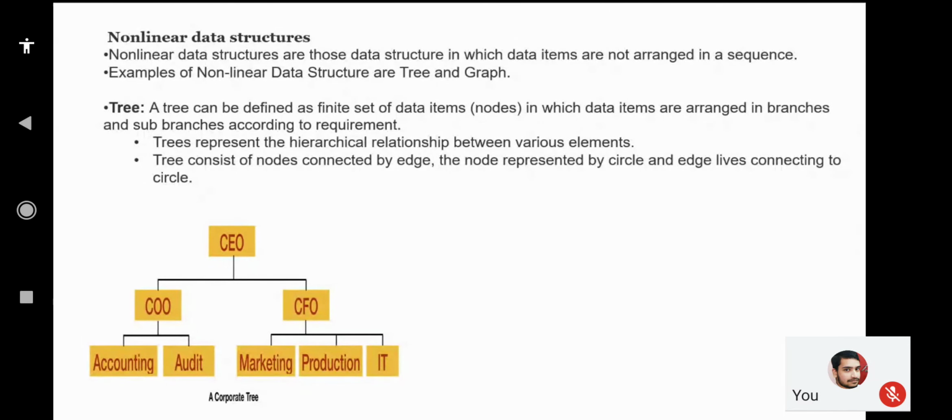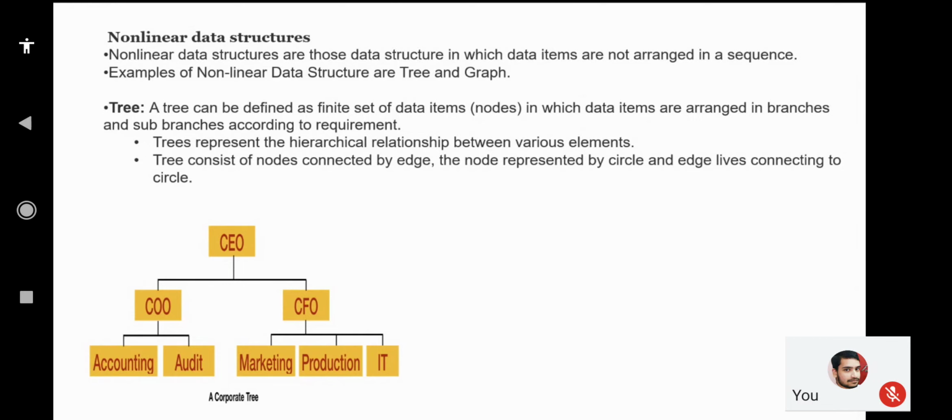Now the nodes which have no children are known as leaf nodes. Here accounting, audit, marketing, production, IT, these are all leaf nodes. And this node is known as the root of the tree.